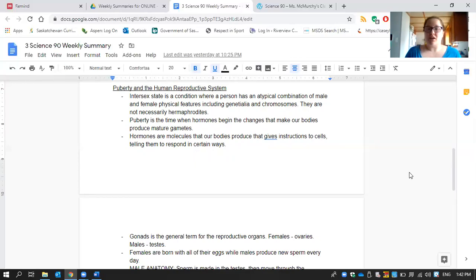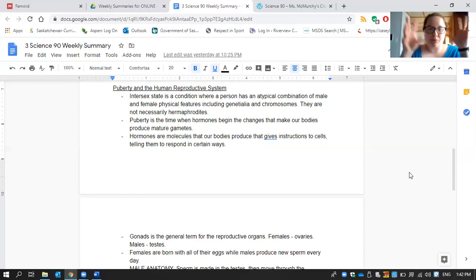So we first began talking about what intersex state is. That is a condition where a person has an atypical combination of male and female physical features, which could include the genitalia and their chromosomes. But that doesn't necessarily mean that they're hermaphrodites. If you remember what hermaphrodites are, those are organisms that can produce both male and female gametes.